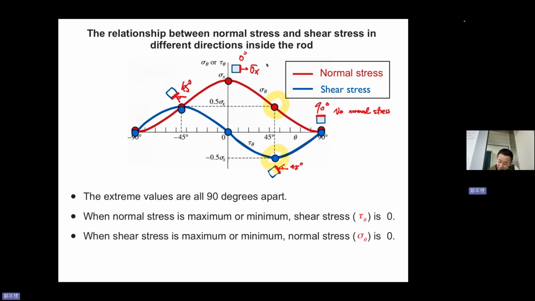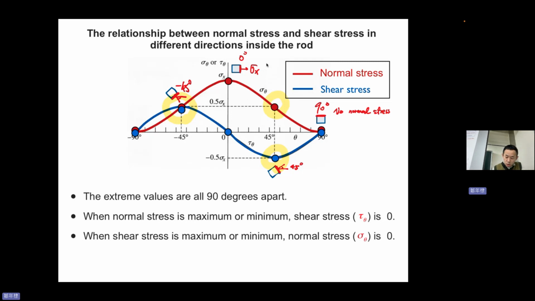So at 45 degrees, you have normal stress of half sigma x, and your shear stress is negative half sigma x. And here, not 45 degrees, sorry, this should be minus 45 degrees, and you will have normal stress equal to half sigma x, and tau theta equal to half sigma x as well.